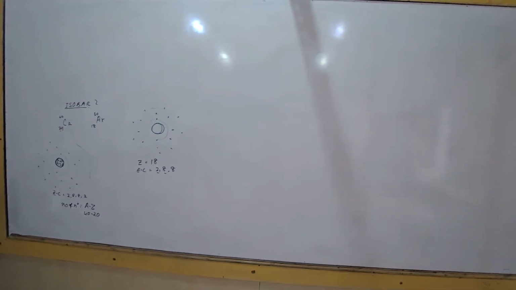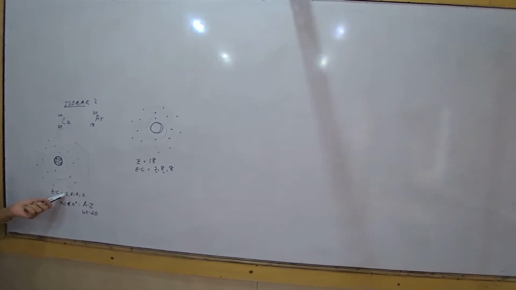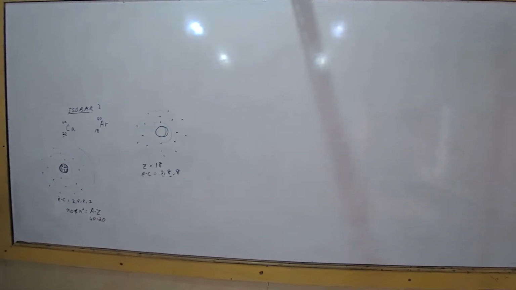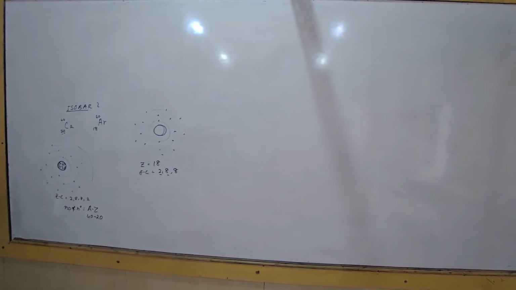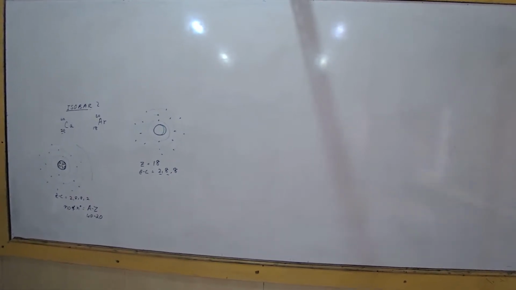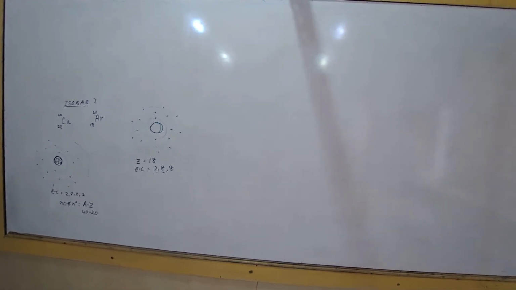Why do we call it an isobar? Tell me, why is it called an isobar? Look at the board and tell me. There are different atomic numbers, and then what is similar?